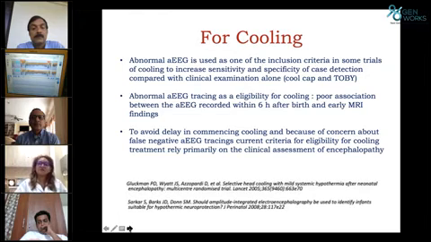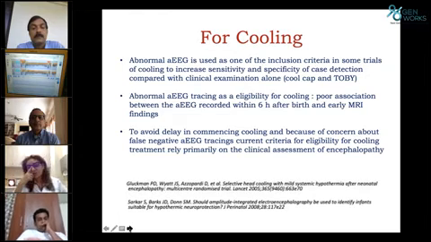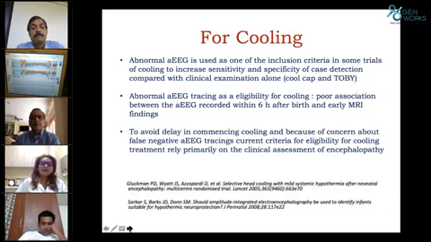Next. Now, whether we can use this aEEG to decide whether we want to cool this baby or not. When the TOBY trial was being done, they were using aEEG as one of the inclusion criteria to decide whether the baby should be cooled or not. I would say that if you have an abnormal EEG tracing, definitely use that as a criterion for cooling, especially if you have a doubtful situation.